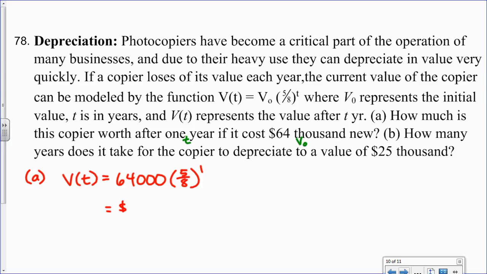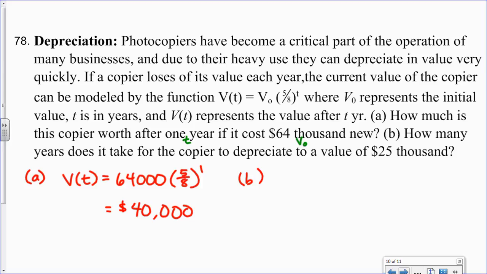Okay, so I get $40,000. Good. Okay. It's a word problem and it's money, so if you had to round, you should round to 2 decimal places. We didn't have to round here, though.